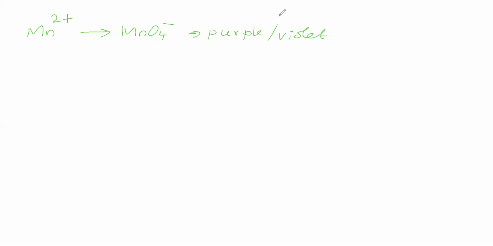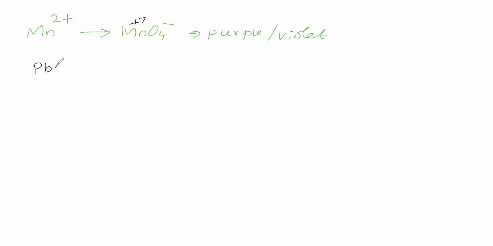Now what are the oxidation numbers? Here the manganese oxidation number is +7. So +2 converting into +7 means it is undergoing oxidation. So what should undergo reduction? The reagent PbO2 we added.